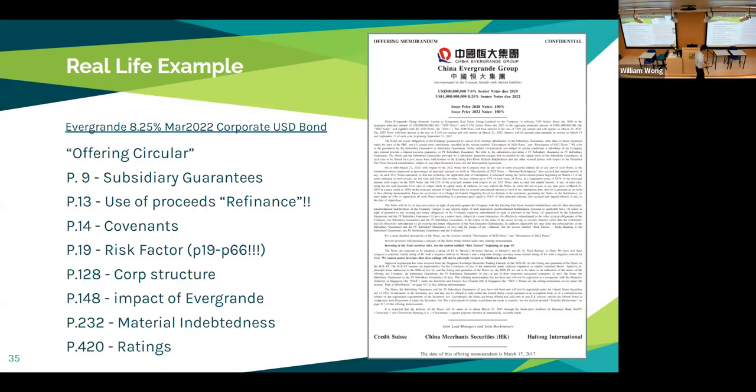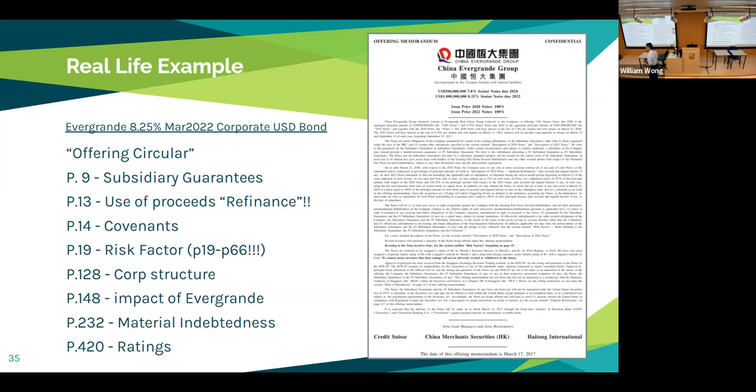Not many people will actually know this, and this particular one, Evergrande, it's jointly led by Credit Suisse, Hong Kong, and China Merchants Securities. So nothing very important. But for Evergrande, there's one thing a little bit different. It is the subsidiary guarantees, page 9.